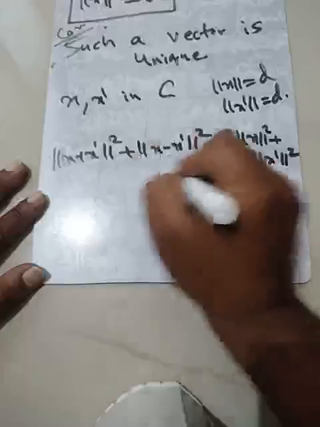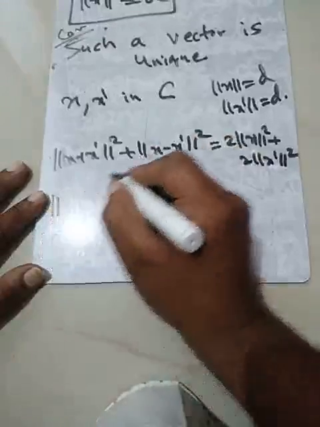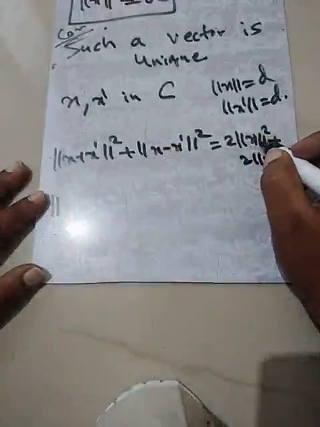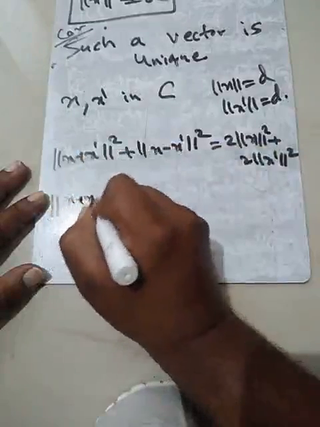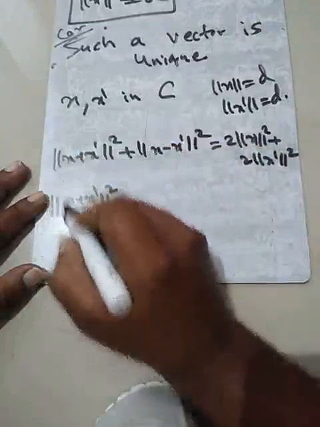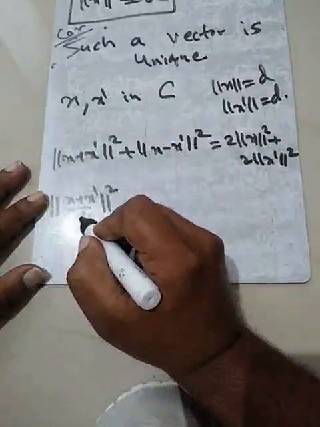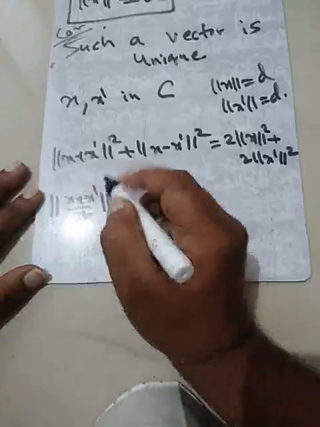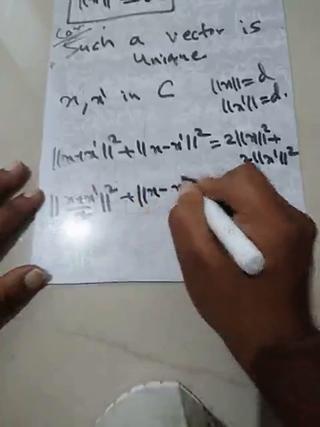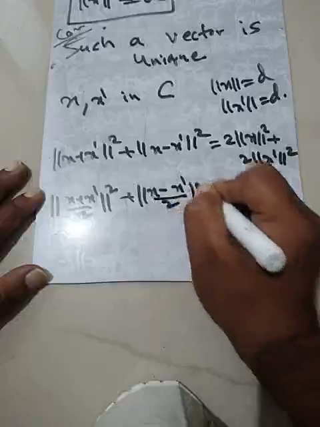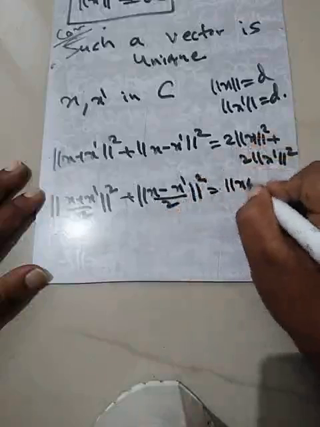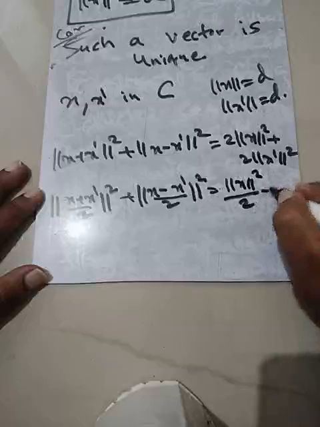We divide by 4 throughout this equation. If you divide by 4, then what do we get? Over here, 2 squared is 4, so norm of (x plus x dash) divided by 2 whole square, because 4 is a non-negative real number, so you can bring it inside the norm, plus norm of (x minus x dash) divided by 2 whole square, and on the right, 2 divided by 4 is 1 by 4, so norm of x whole square divided by 2 and norm of x dash whole square divided by 2.